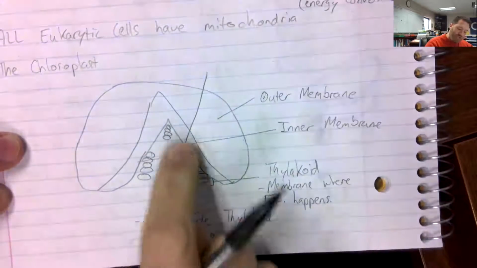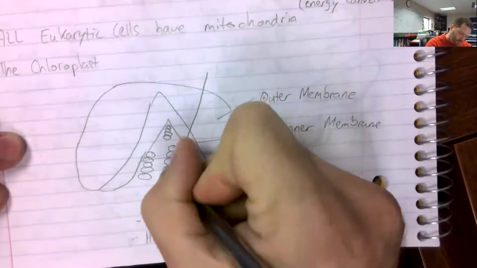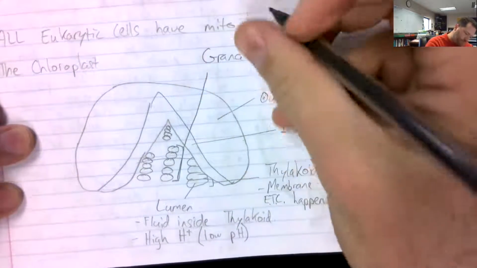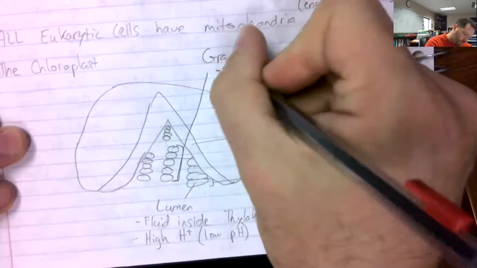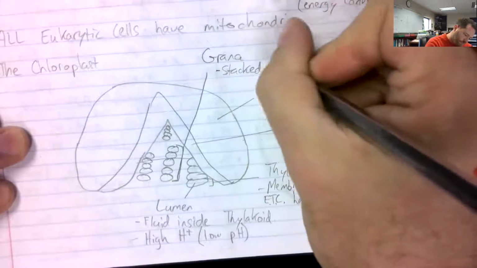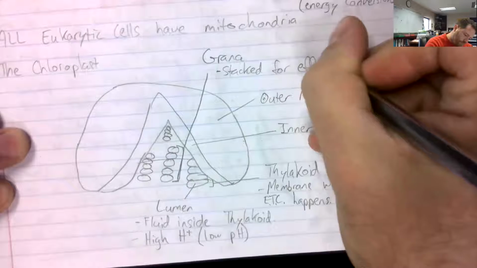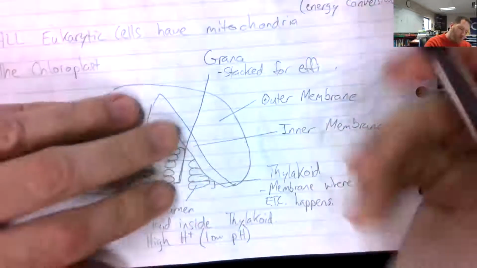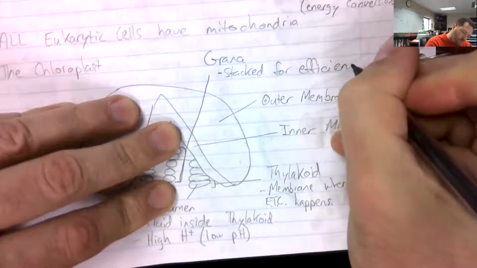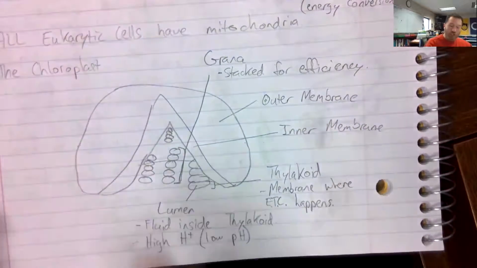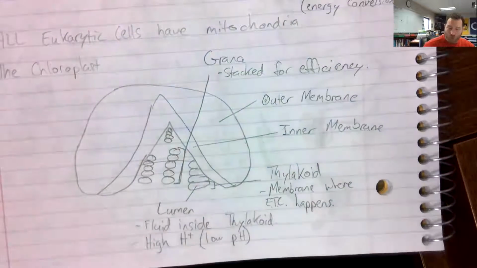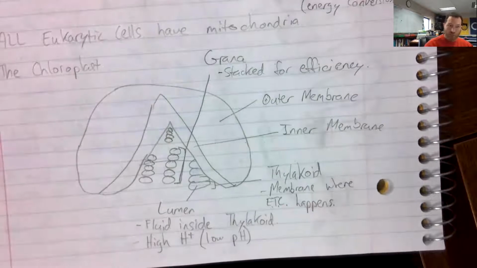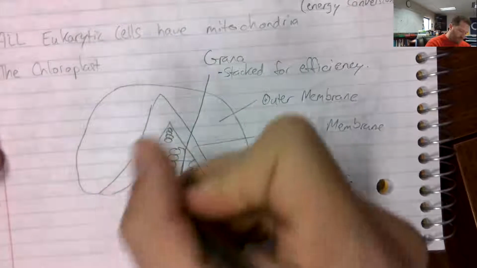An entire stack of thylakoids is called a grana. And they're stacked, much like the cristae were folds back and forth, where these are stacked for reducing space and increasing efficiency.